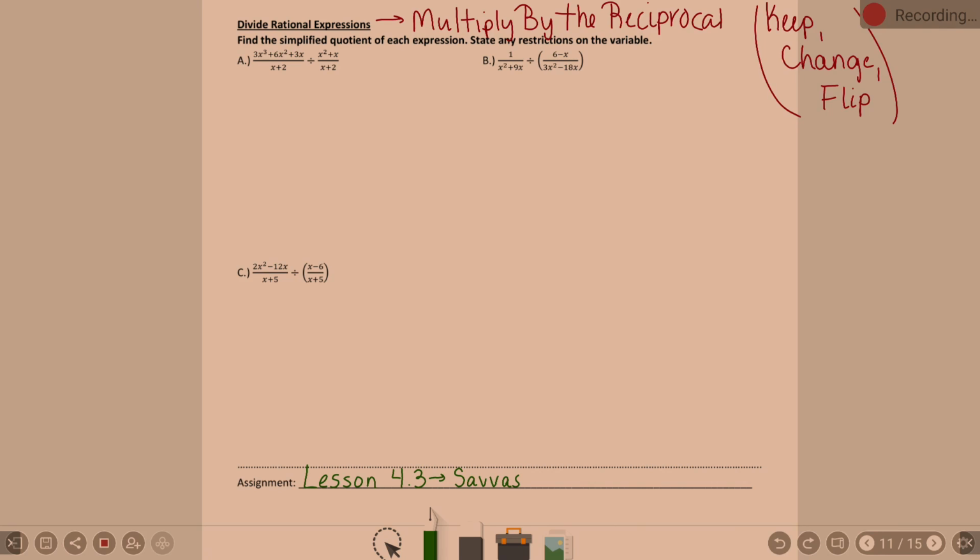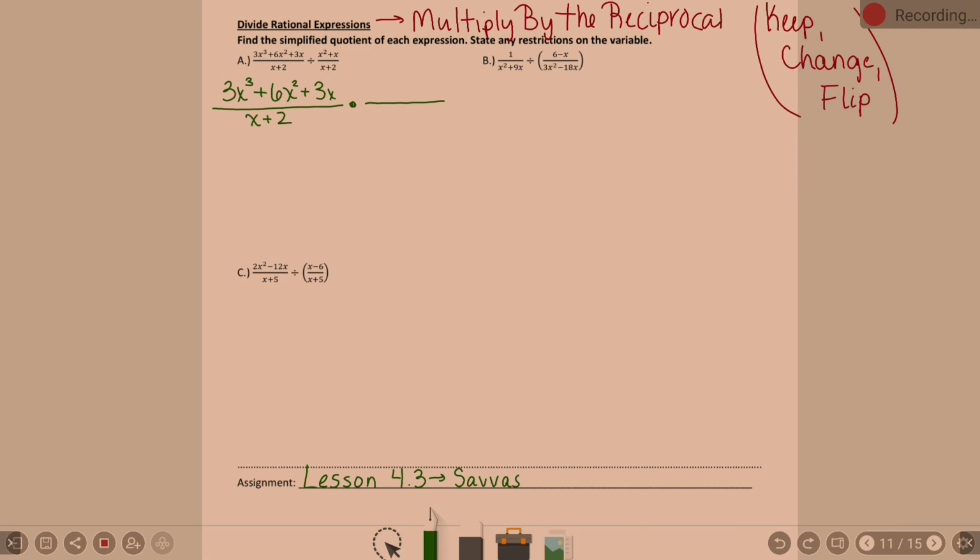So when I say keep, change, flip, we're going to keep 3x cubed plus 6x squared plus 3x over x plus 2. I'm going to change division to multiplication, and I'm going to flip. When you flip, you're always flipping the second fraction.